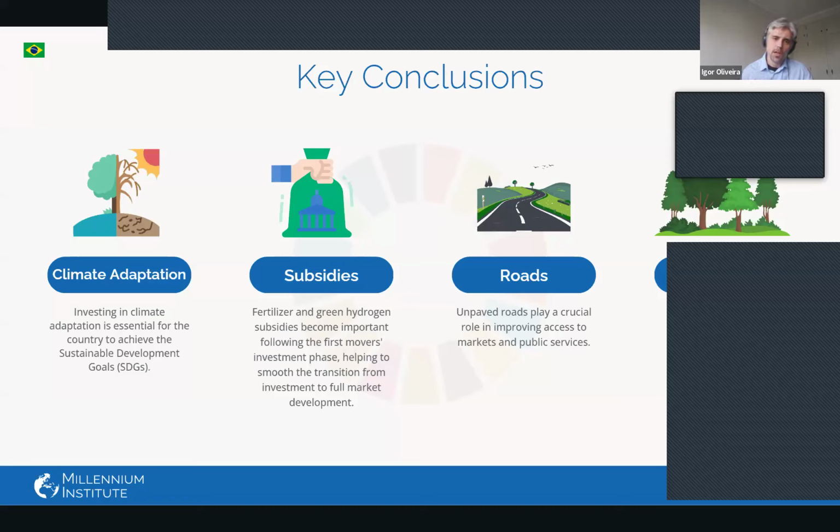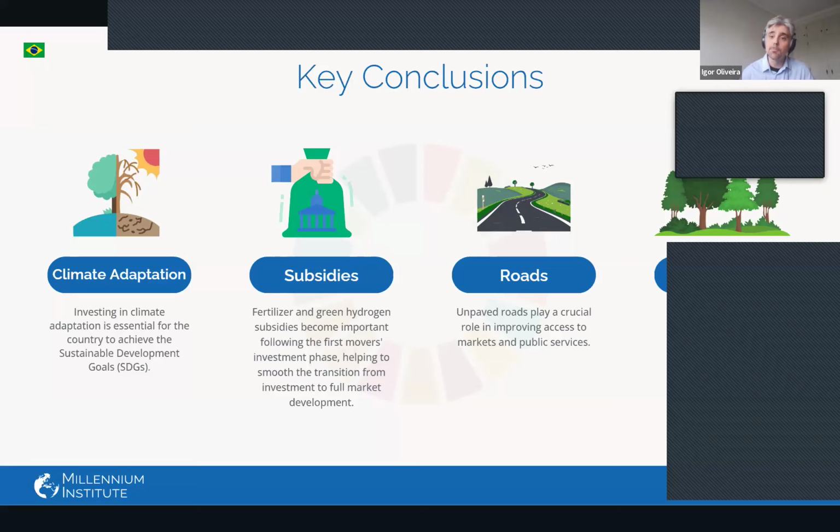So those were some synergies that we found that surprised some of the stakeholders, and that's when the conversation gets really interesting, when you manage to expand people's mindsets and show that, well, actually, for green hydrogen to play a major role in the sustainable development of Brazil, we also need to invest in adaptation. We also need to subsidize fertilizers in some specific ways.